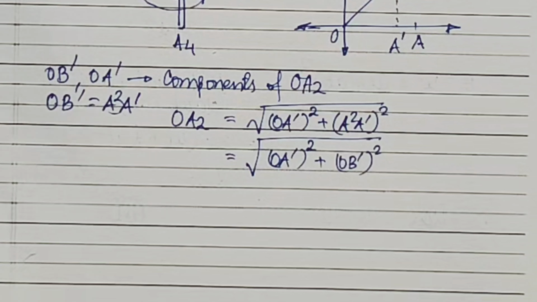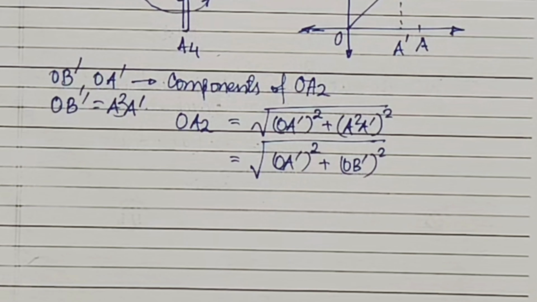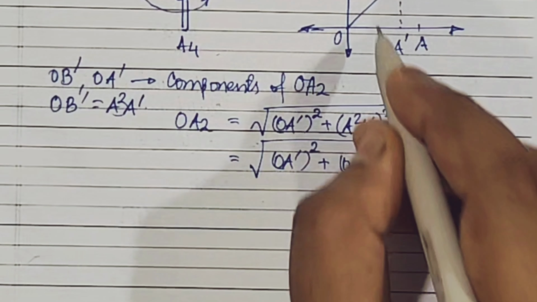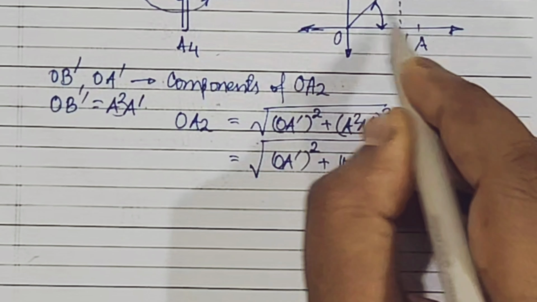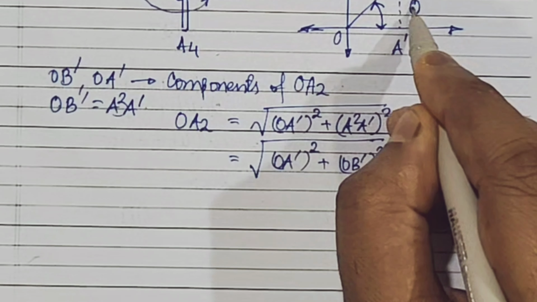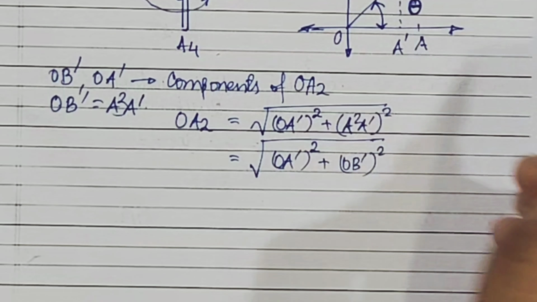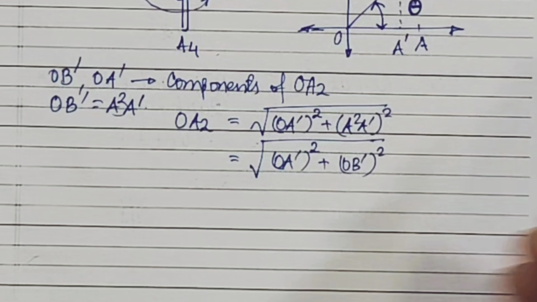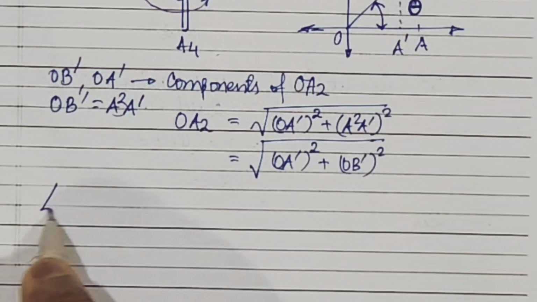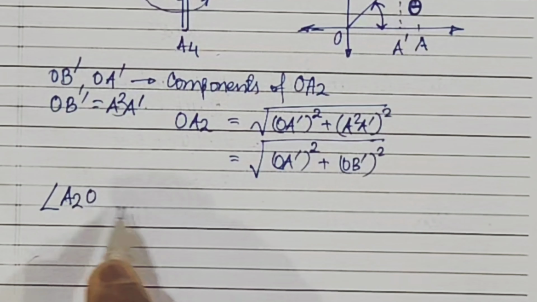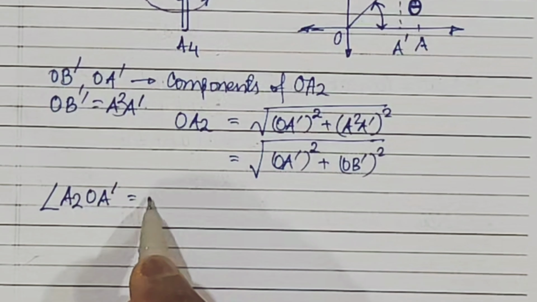Now we move from scalar to vector. We are introducing the concept or the idea of direction and rotation. Let us say this angle is denoted by a symbol called theta. So angle A2 OA prime is equal to angle theta.